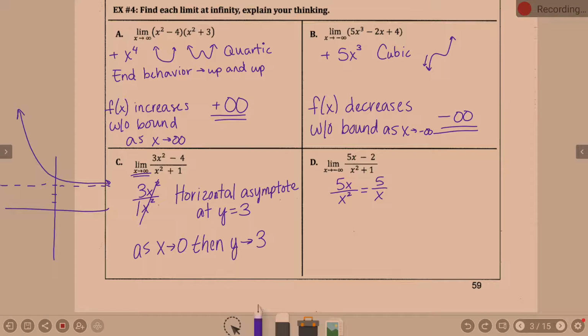Okay? So that's the idea, if you plug in infinity here, so bigger and bigger numbers, then the rule here is if the power in the denominator is bigger than the numerator power, then you're tending to a horizontal asymptote of y equals 0. That's the gist of what I'm talking about here.